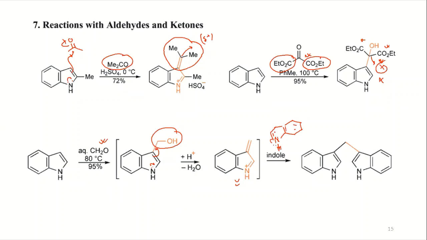So you have this connection, and ultimately a kind of dimerization, with the CH2 group in between. So this is the reaction with formaldehyde.